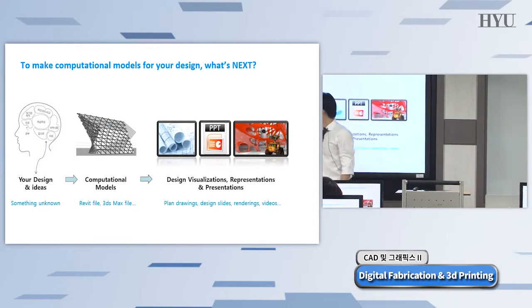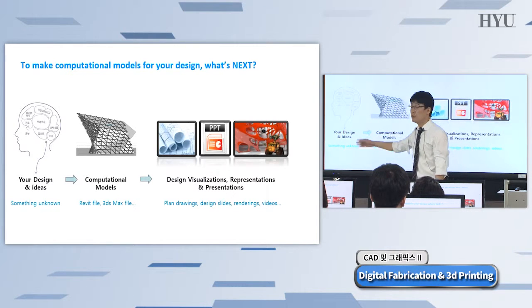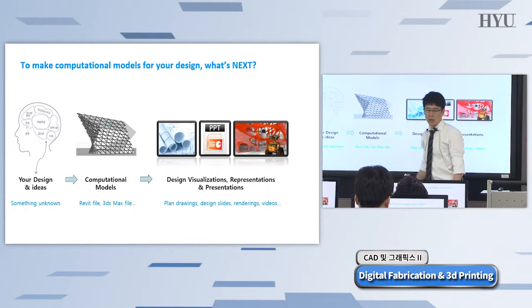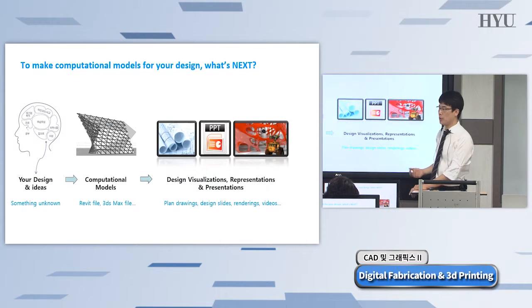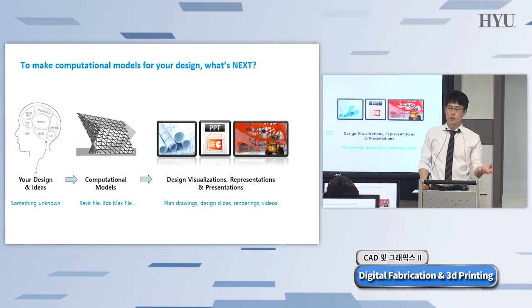But at the first stage, your design and ideas are in your brain, something unknown, invisible, but you are working on making some good computational models, okay? Download models, create new geometry, or import some files, share the files with your teammates, and so on.